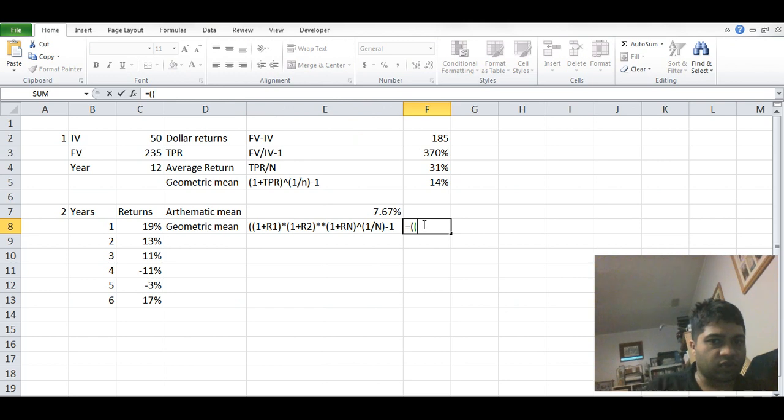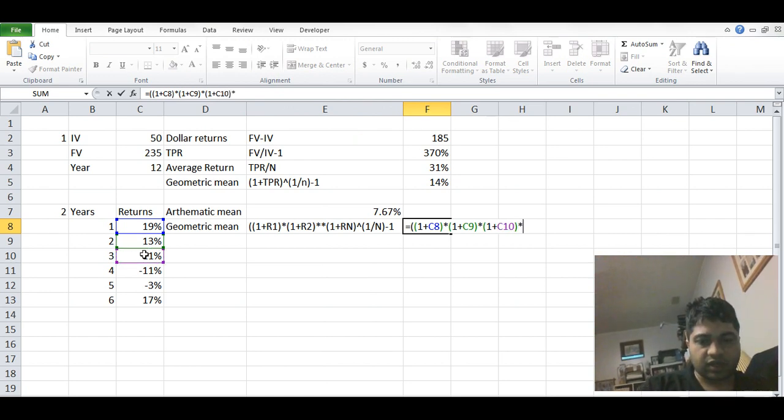So what we have to do is 1 plus yearly return 1, multiplied by 1 plus return in year 2, multiplied by 1 plus return in year 3, multiplied by 1 plus return in year 4, multiplied by 1 plus return in year 5, multiplied by 1 plus return in year 6.